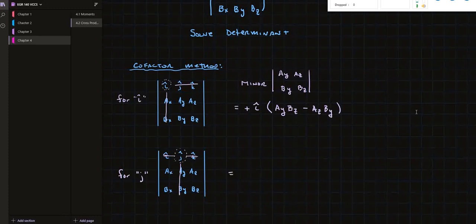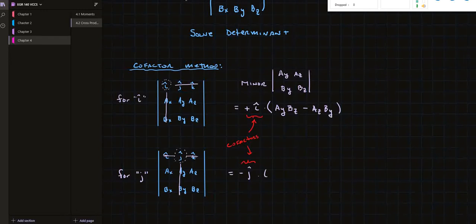So this equals, now this is going to end up being a negative J. And again, these are called cofactors. That's what they end up turning out to be. And I will just talk about them a second here.